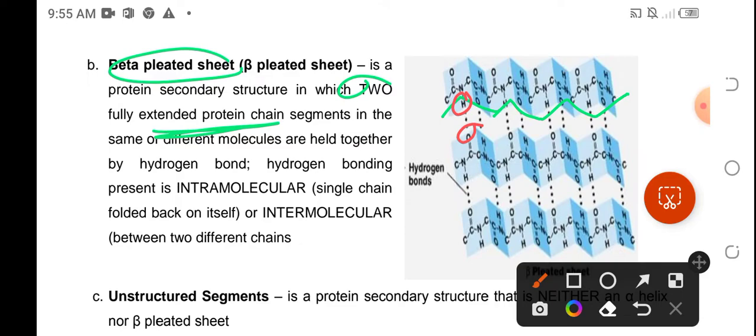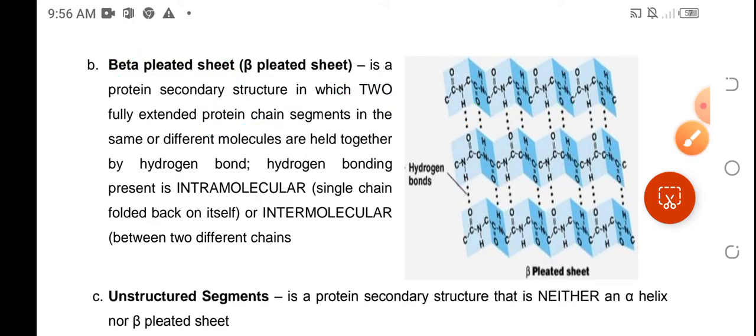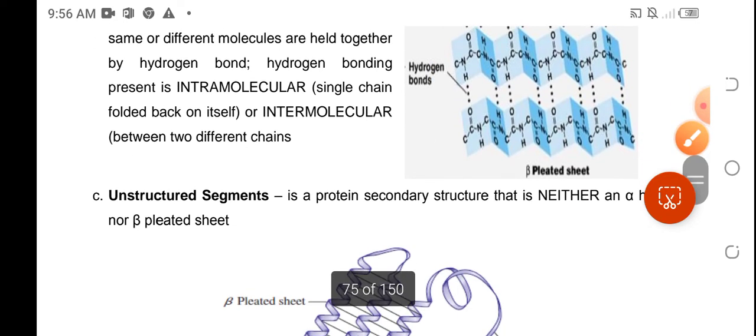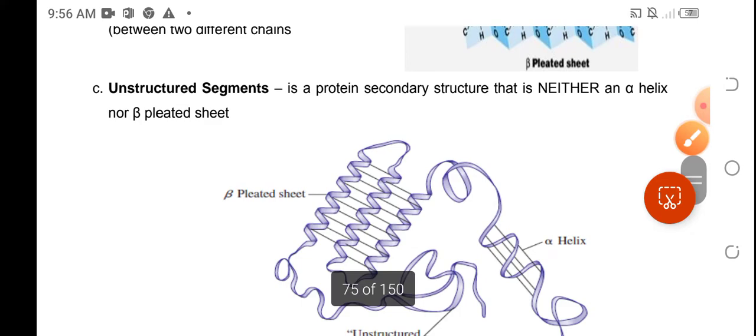Okay? So, ganito naman yung ating beta pleated sheet. Nevertheless, ang dahilan kung bakit merong folding and coiling ng mga proteins is due to the hydrogen bonding. Okay? We also have unstructured segments.